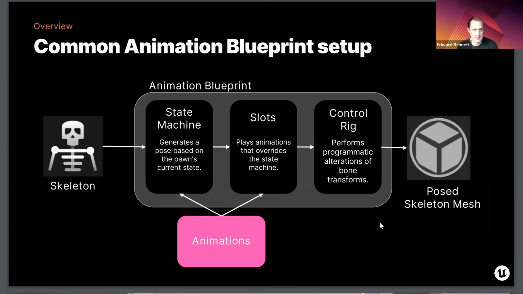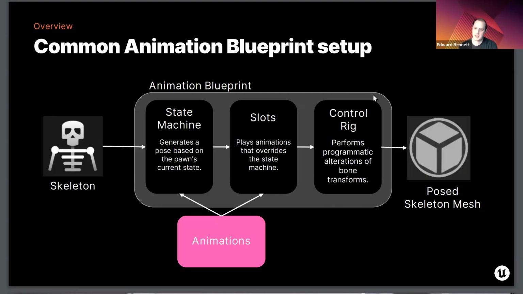So in the last session, we were looking at the animation blueprint. You should have gone through and created a state machine, and a slot in order to play montages. You probably haven't touched the control rig, but we may have a look at it within this session. The state machine is going to generate the basic pose of a pawn based on a current state. The slot will allow us to override the state machine in order to play animations.